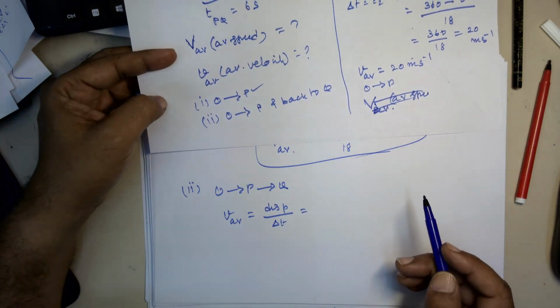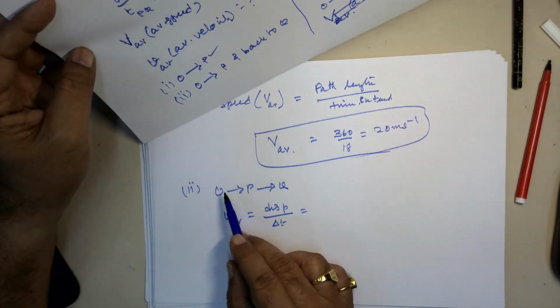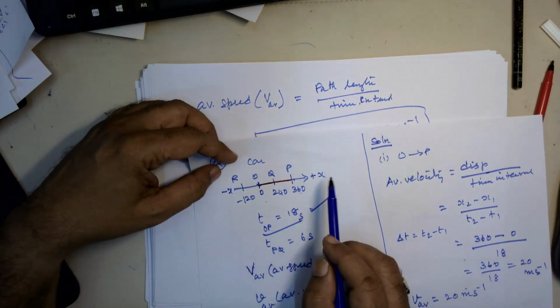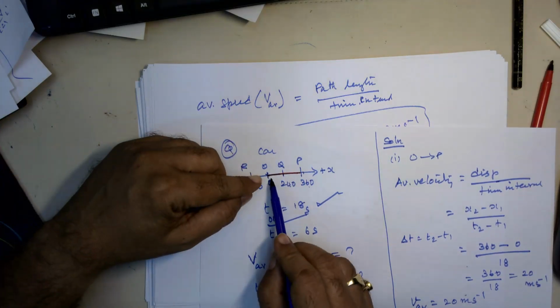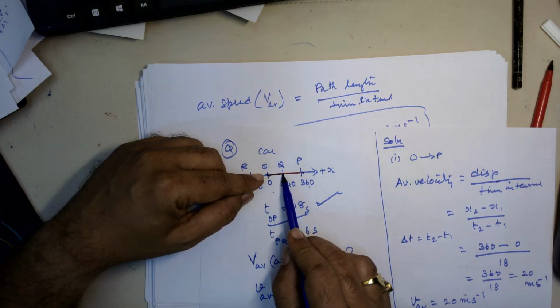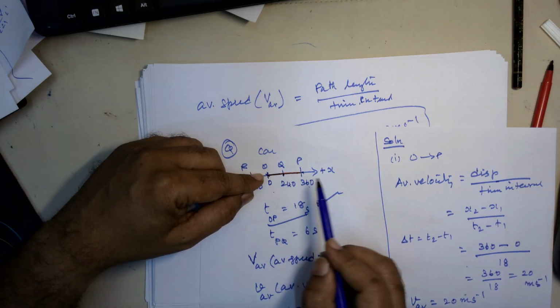It is 360, I mean O to P, right? So from O to P, we have to calculate O to Q only. Okay. Now listen to me carefully. The car is moving here, going here, and comes back, right? So when it comes back, what is the difference between these two? 120.